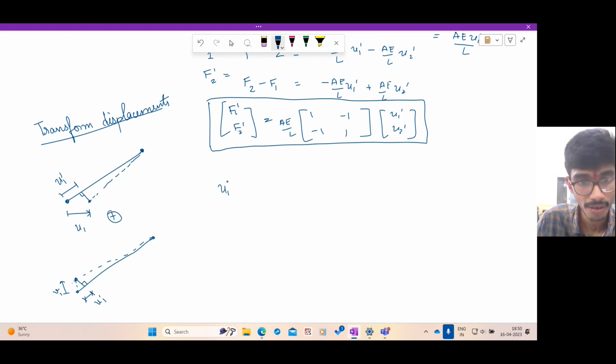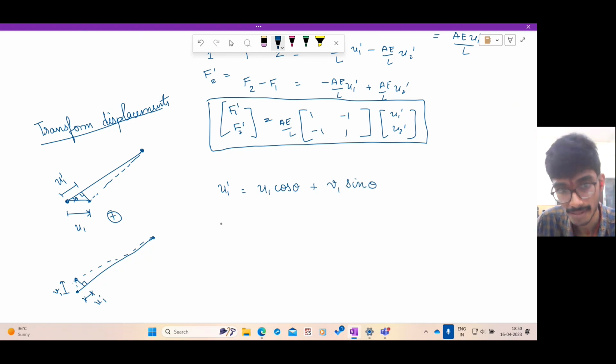This angle is theta, this is 90 degrees, this is the hypotenuse, so it is u1 cos theta. In the other case, the angle is 90 minus theta, so it is v1 times cos of 90 minus theta, which is sin theta. Similarly, u2 prime is u2 cos theta plus v2 sin theta.